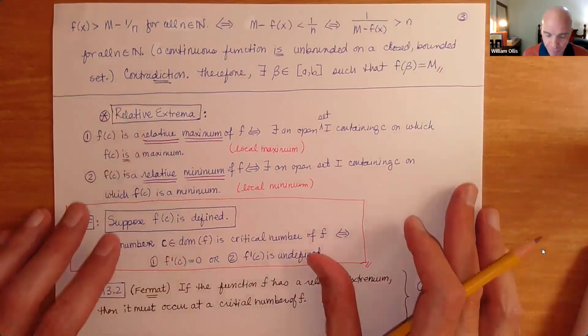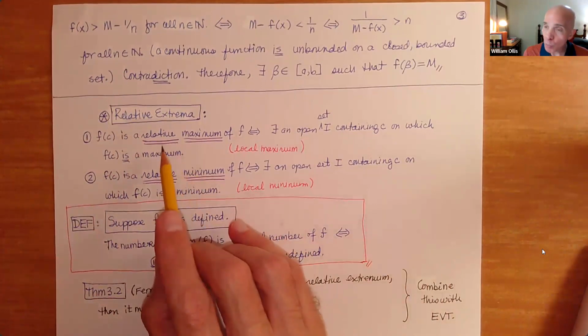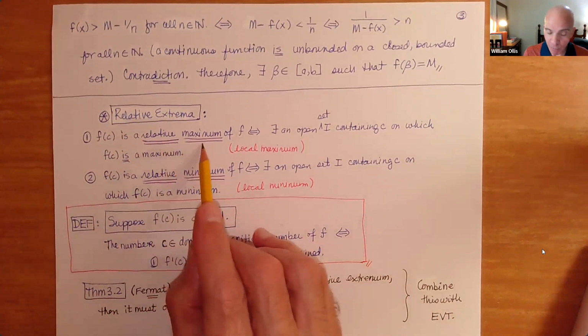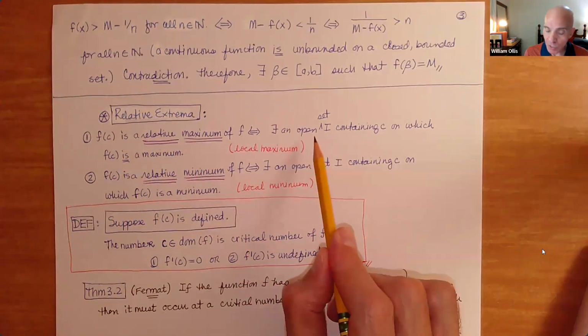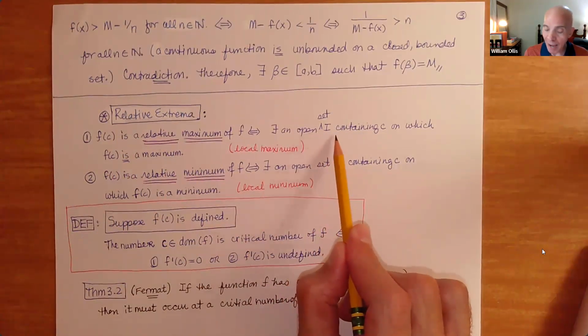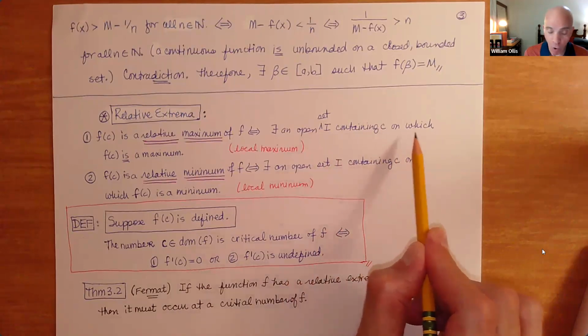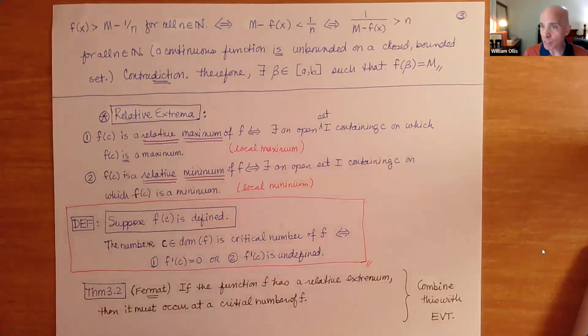Same thing. Now, what do we mean by the relative maximum, f of C being a relative maximum? That just means there is an open set I containing C on which f of C is a maximum.